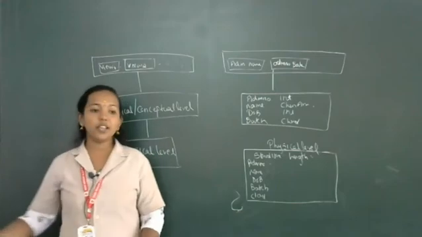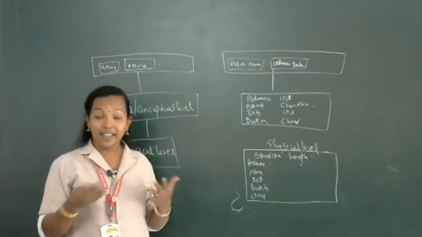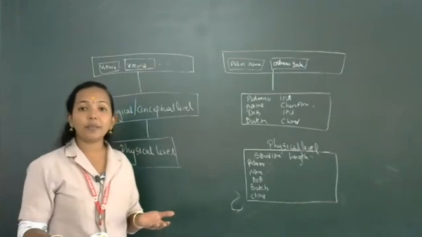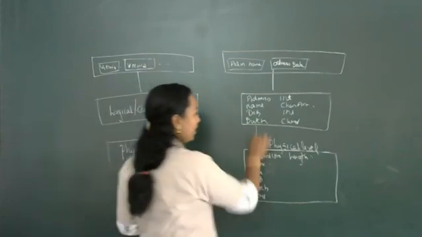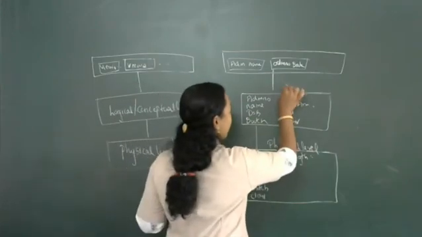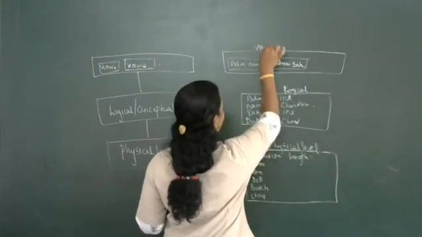That means the user does not want to see all the details; we get as view only the required information. So this is the logical level, and this is the view level.